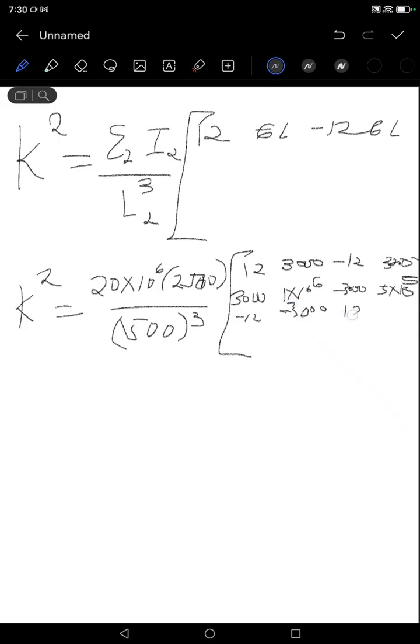And then 12, minus 3,000. And then the last one is going to be 3,000. Then the 5 times 10 to the power of 5. Then minus 3,000. And then 1 times 10 to the power of 6.